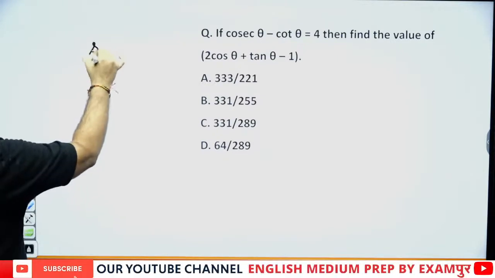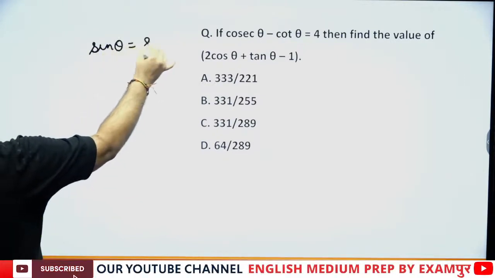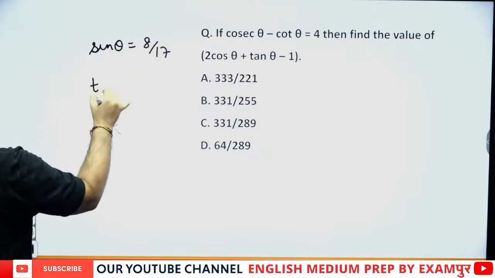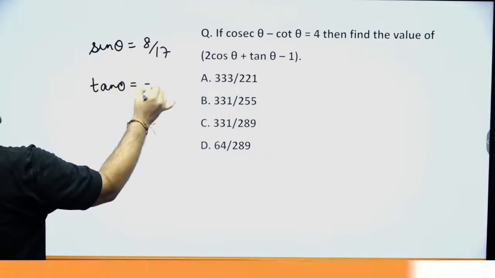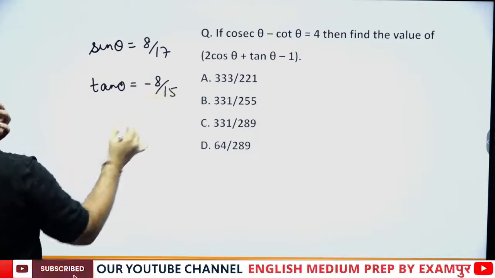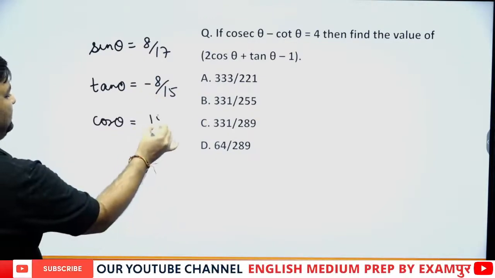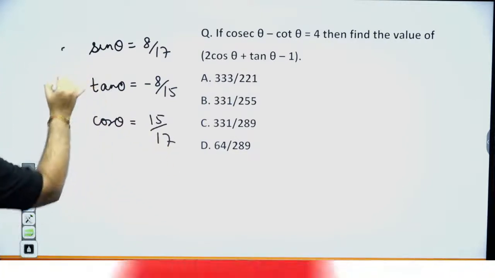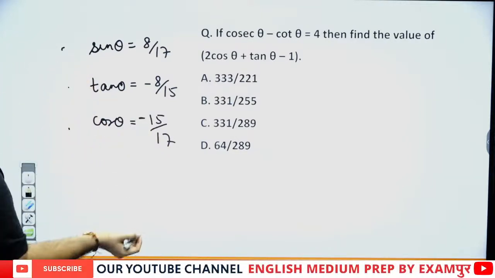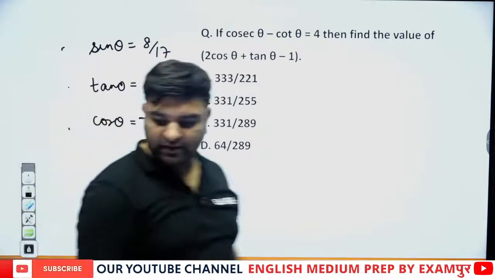Sine is 8 by 17. Tan was minus 8 by 15. Cos theta is 15 by 17. I think it is also negative. Yeah, it is also negative because only sine is positive.